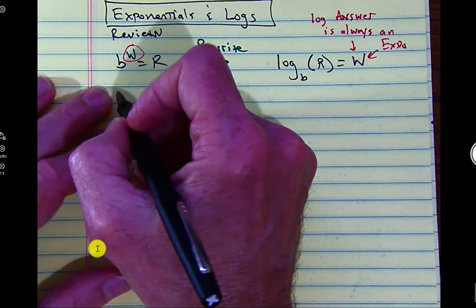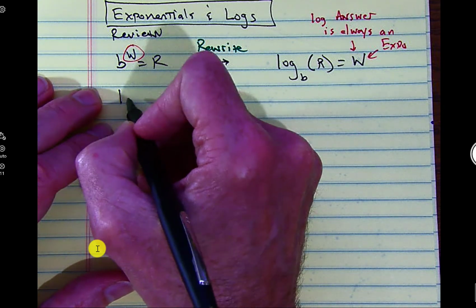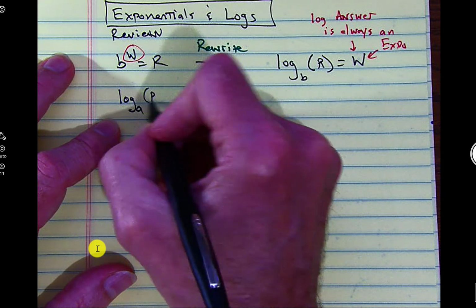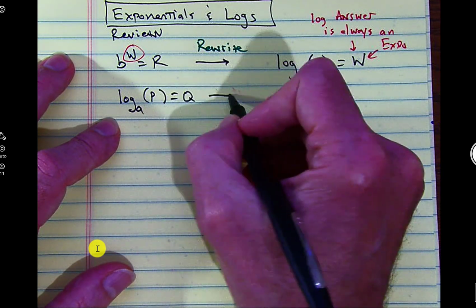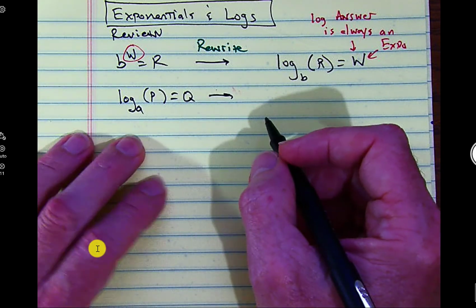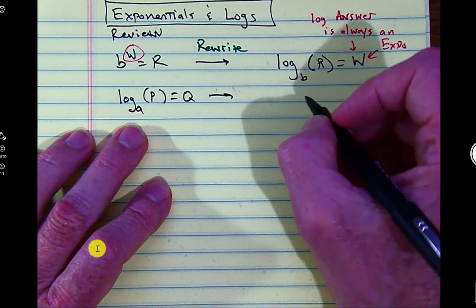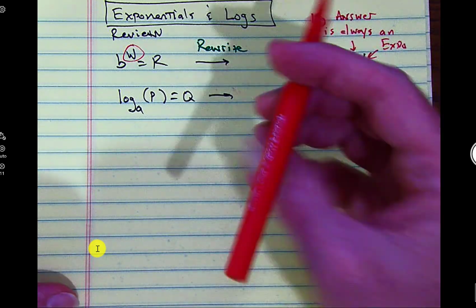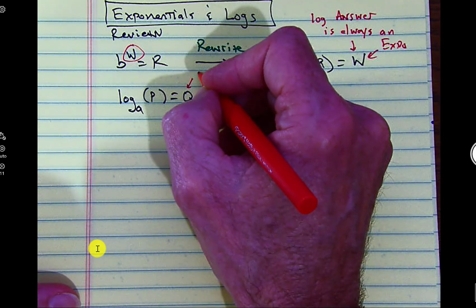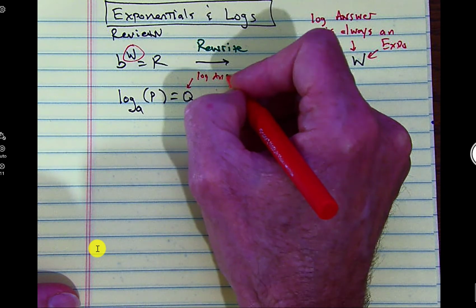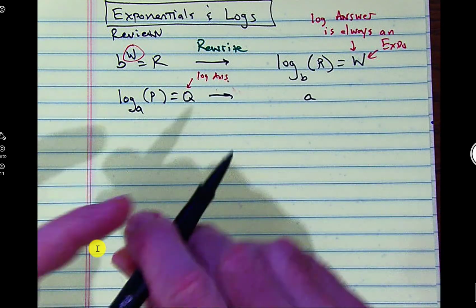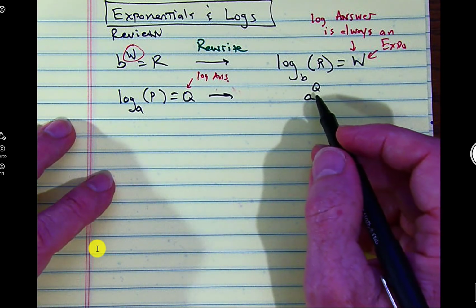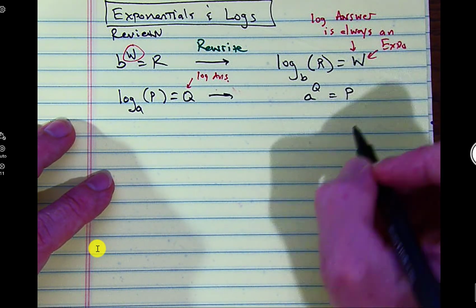And vice versa, we can take a log, say it's base a of p equals q, and that can be rewritten as an exponential. Now it's log base a, so my exponential has to be base a. And here is my log answer. Well, log answers are always the exponent. So I'm going to put it as the exponent on a, and that's got to equal p.